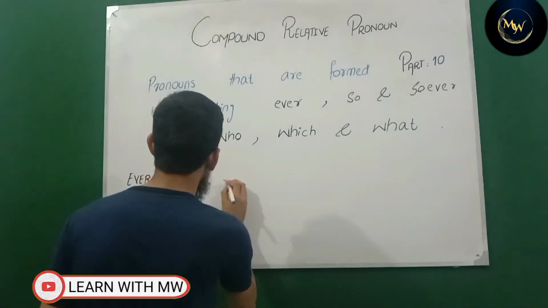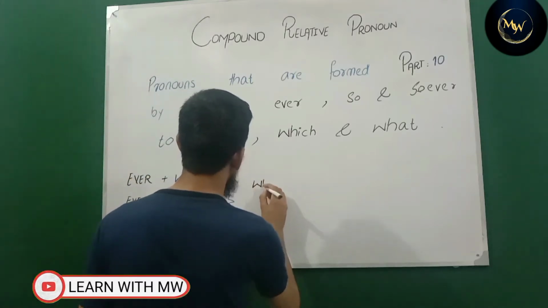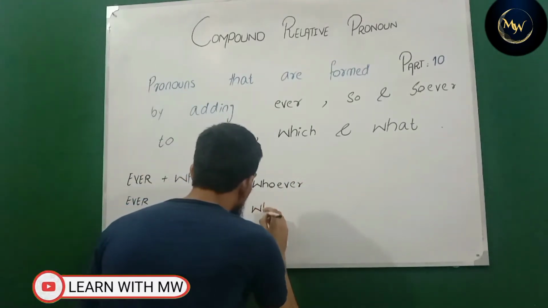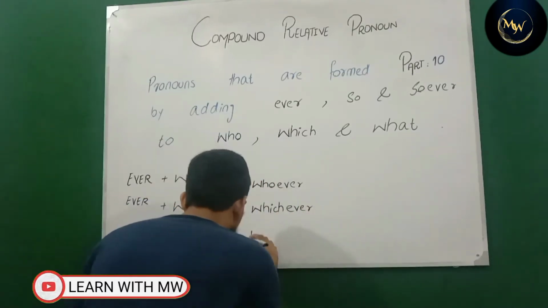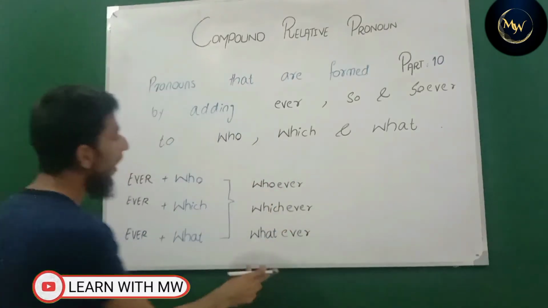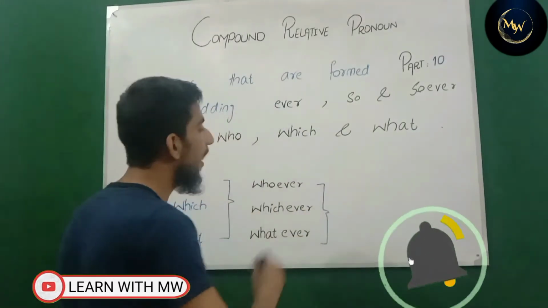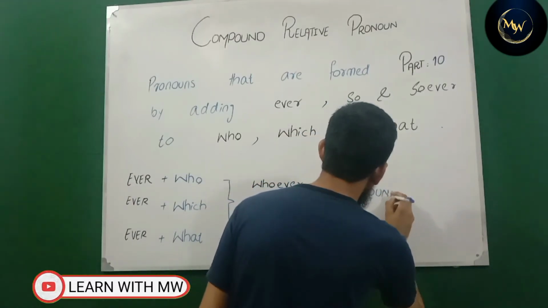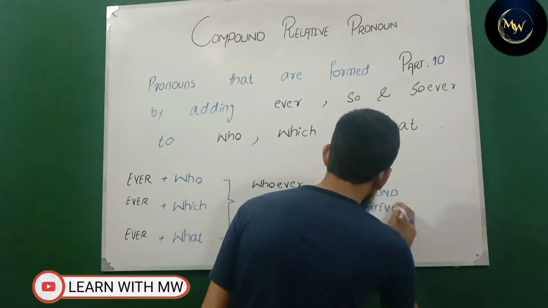We get compound relative pronouns. So look at whoever, whichever, whatever. All these pronouns are called compound relative pronouns.